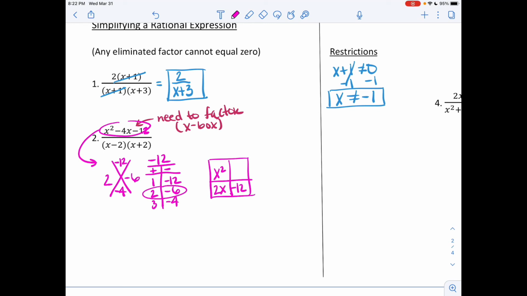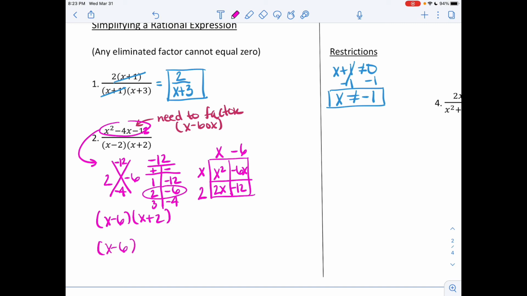So 2x and -6x, and I'll have x as a GCF, 2 as a GCF, x as a GCF, -6 as a GCF. So I can rewrite as x minus 6 and x plus 2. Now remember, all of that work was done to factor the top. The bottom is already factored, so I'm going to rewrite all of this, but replacing this original trinomial with the factored form.